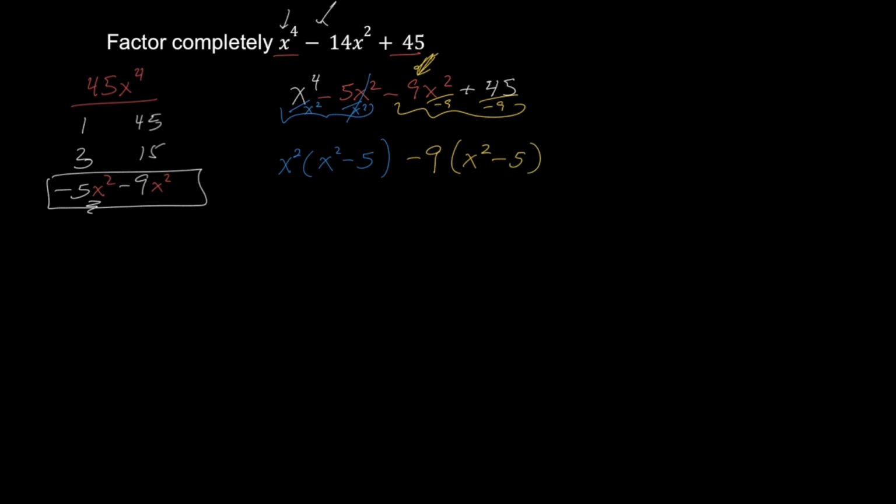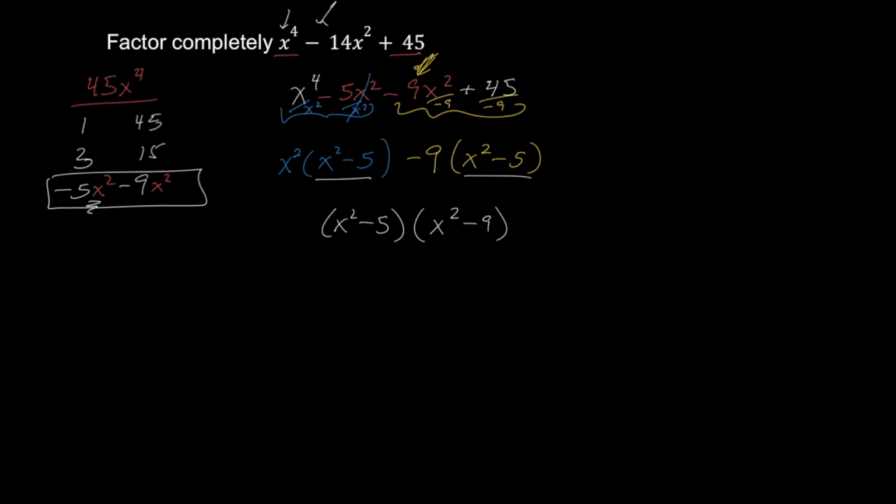From here, we'll continue to factor it. This is the same in both terms as normal. If it was not, we either made a mistake or factoring by grouping just doesn't work, and we would have to try a different strategy, which we'll talk about later in the year. So we have x squared minus 5 and x squared minus 9 as our two factors.